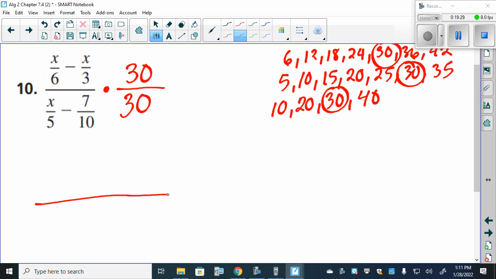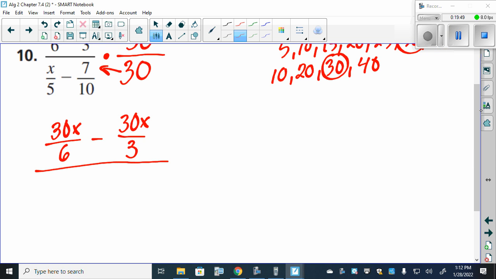Now if we do this here, again, we're going to multiply these by the numerators. Well, 30 times x is 30x over 6 minus 30x divided by 3.